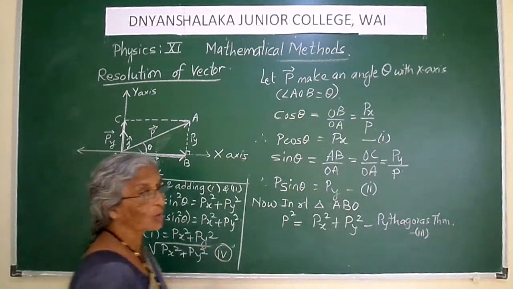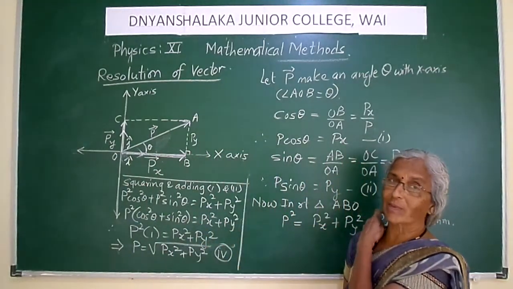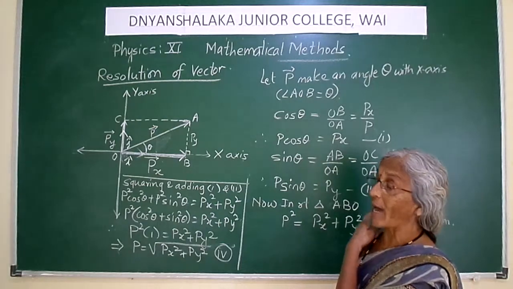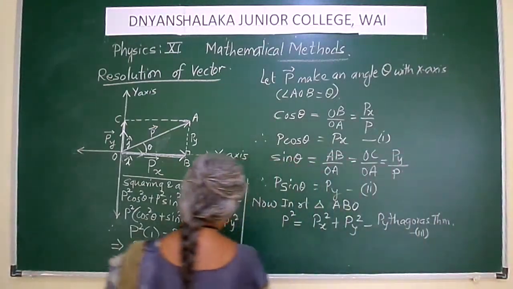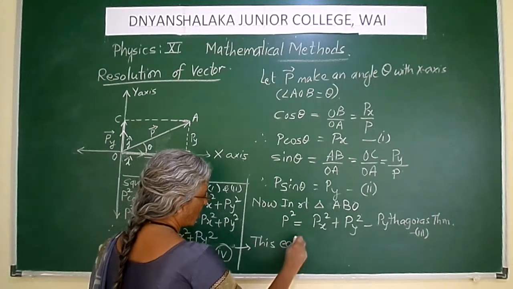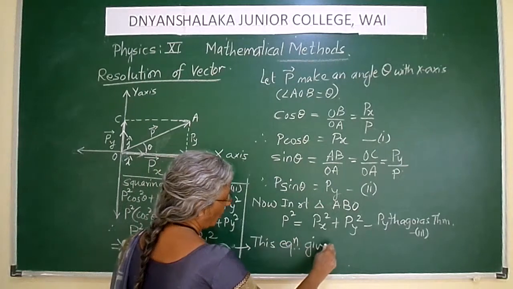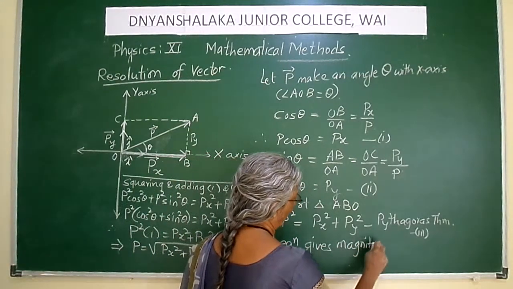Either you go by Pythagoras theorem and then apply it, or you can go by this method, which is more direct and simple to get the magnitude. So this equation gives, what does it give? It gives the magnitude of a vector.